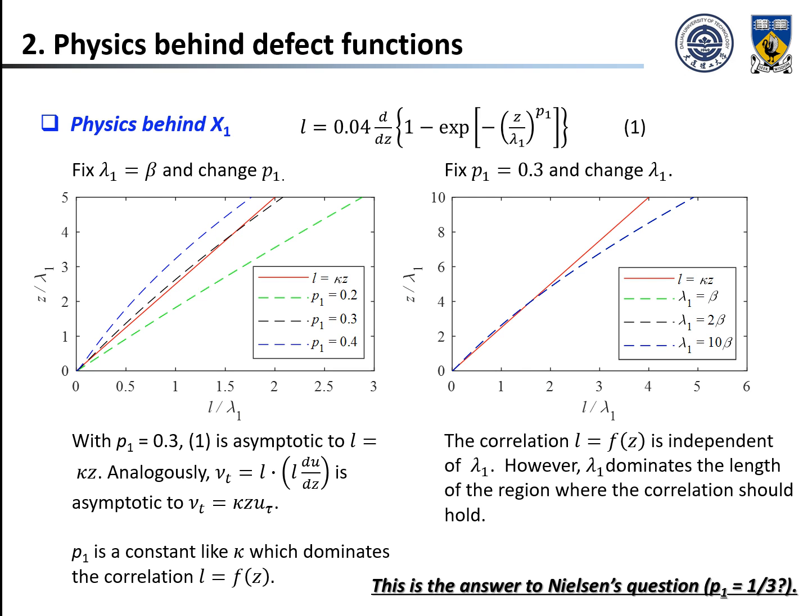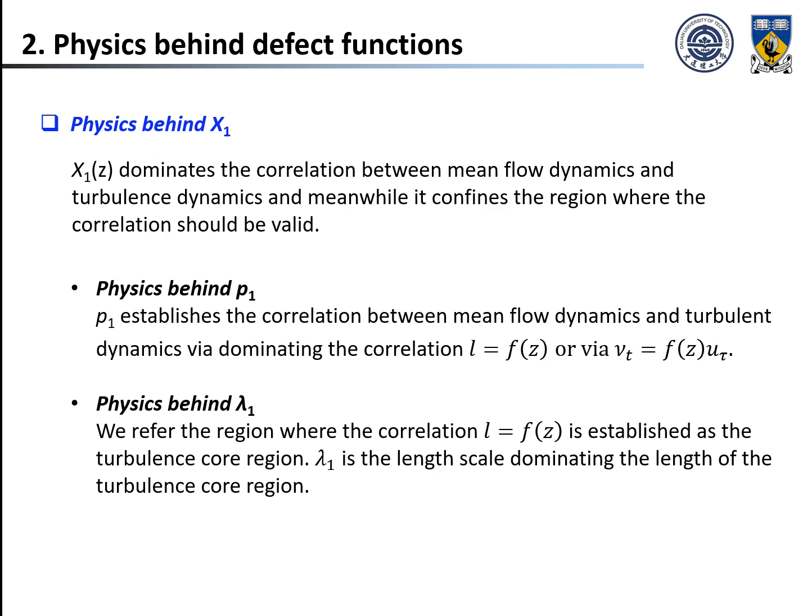For convenience, the region dominated by the correlation of L as a function of Z is termed the turbulence core region. For other A on k_s conditions, P1 changes with the ratio between U tau and U infinity and yields a similar correlation of L as a function of Z.